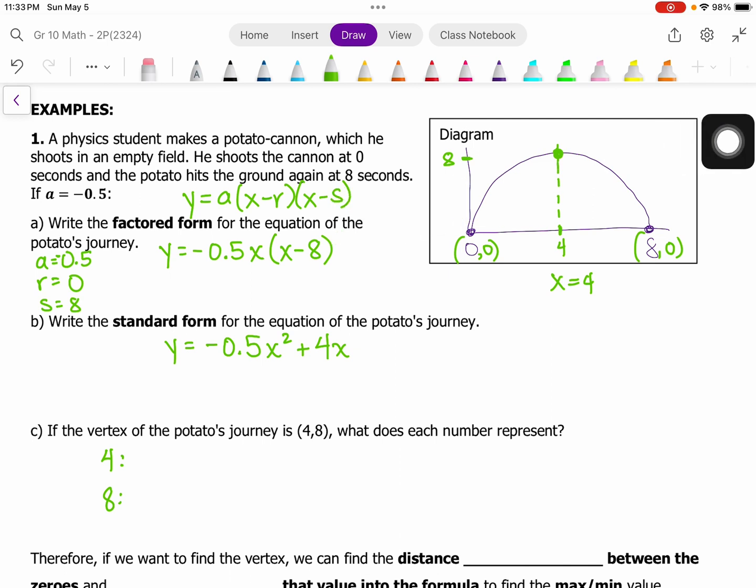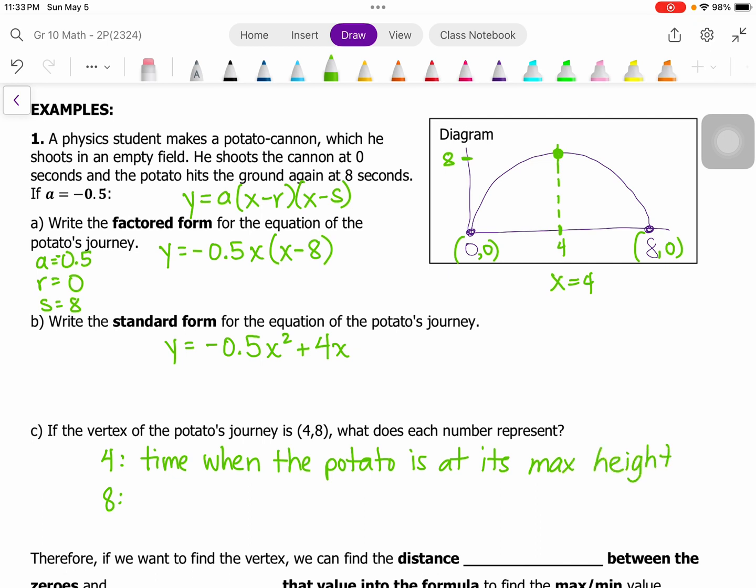So 4 is the time when the potato is at its maximum height. Now we know that 0 and 8 are in seconds, so that 4 is 4 seconds. And the 8, that is the maximum height that is reached by the potato.